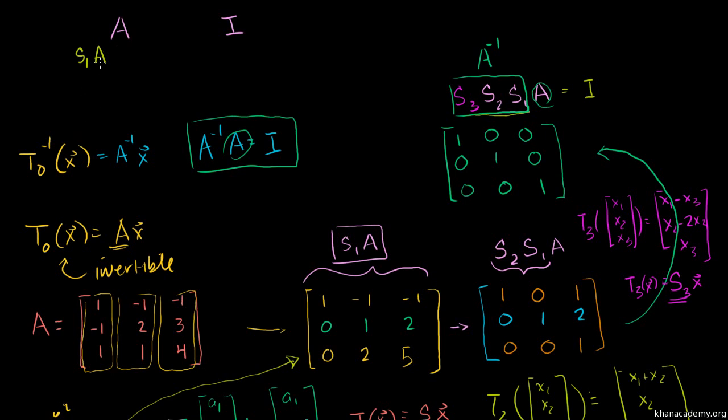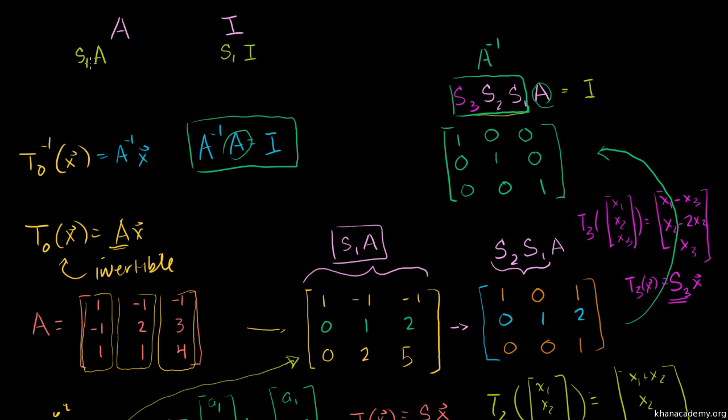It got us here. Now, if we perform that same set of row operations on the identity matrix, what are we going to get? We're going to get the matrix S1. S1 times the identity matrix is just S1. All of the columns of anything times the identity, the standard basis columns, will just be equal to themselves, and you'll just be left with S1.